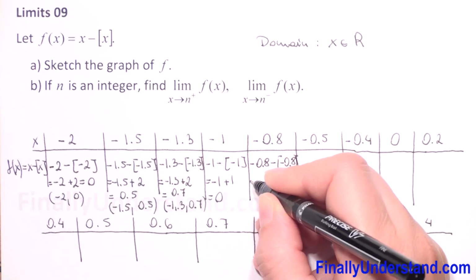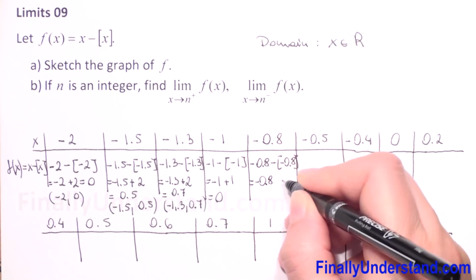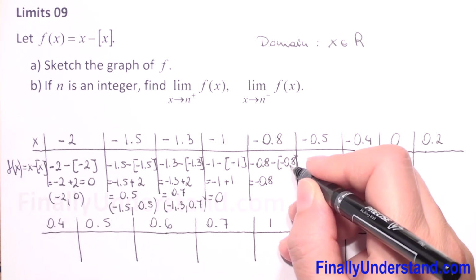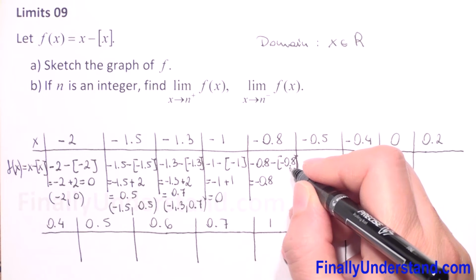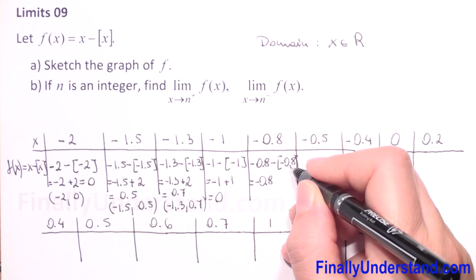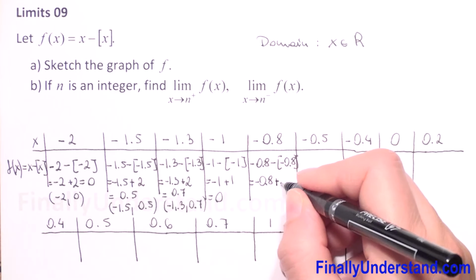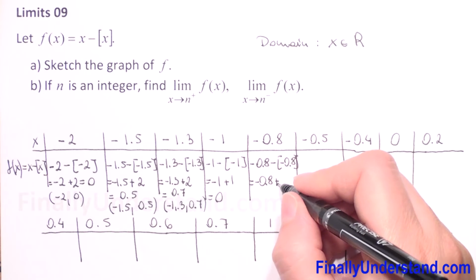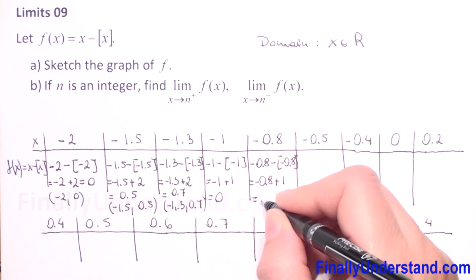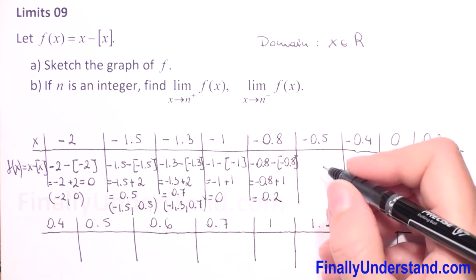This is equal to negative 0.8 minus the largest integer that is less than or equal to negative 0.8. We have negative 1. Negative and negative give us plus, so it will be 1. This is equal to 0.2.